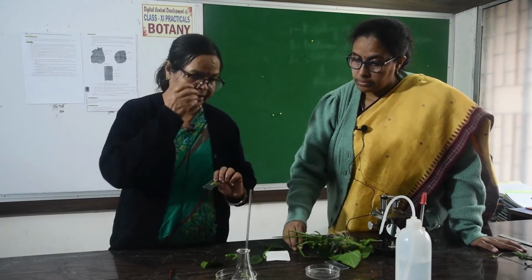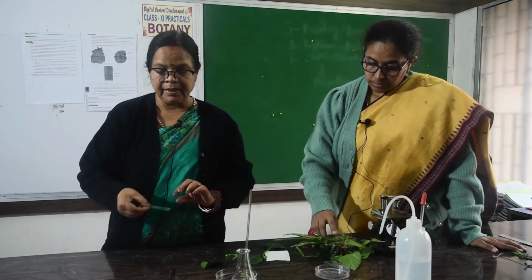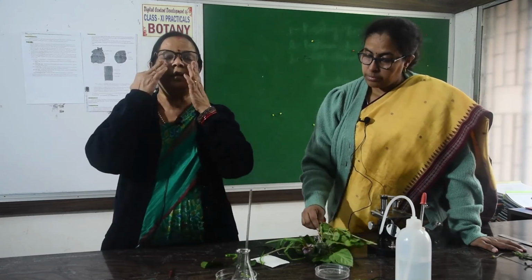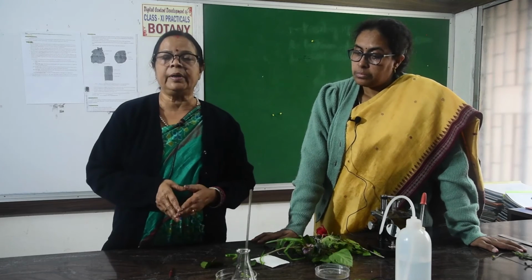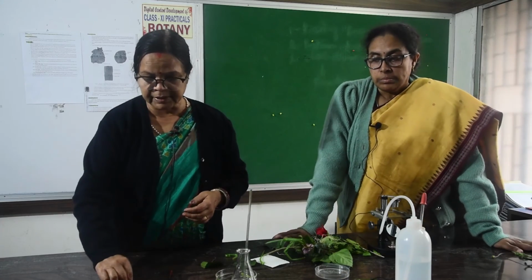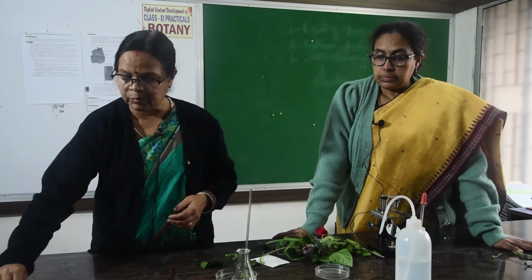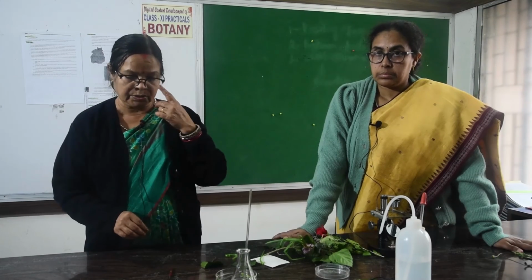Using the blade you have to scrape, take the upper and lower surfaces, and compare both slides to find out the number of stomata. And here what will happen is you will get an equal number of stomata on both sides, and the guard cells are dumbbell shaped. So we compare both slides, upper and lower surface, to find the distribution of stomata.